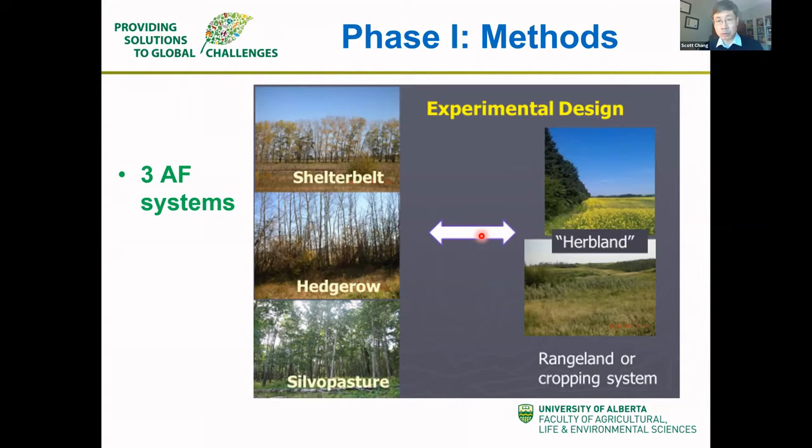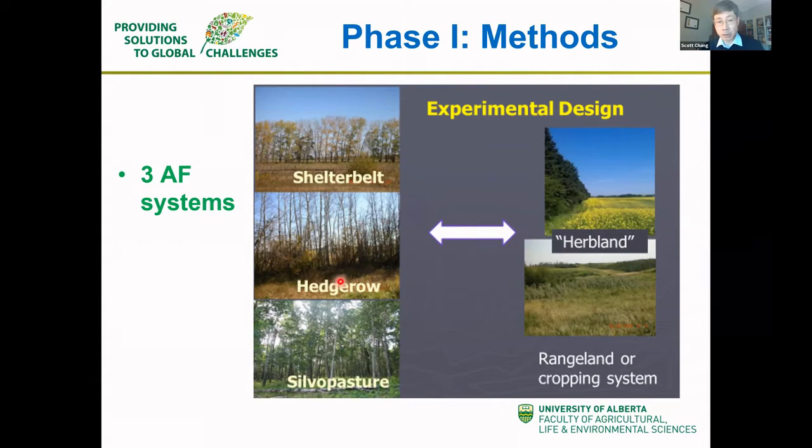In terms of the experimental design, we had 3 different agroforestry systems, as Edward has introduced to you. Within each agroforestry system, we were comparing the treed area, whether it's shelterbelt or hedgerow or silvopasture, to the adjacent agricultural land use.